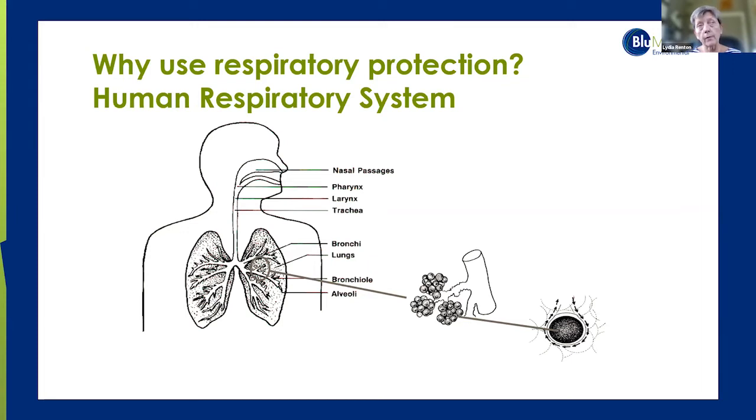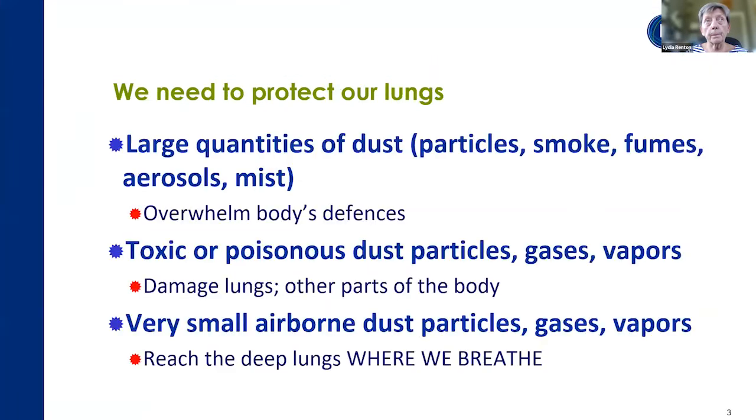Things like fibers in the lungs due to asbestosis, or particles from silicosis and other diseases. So it's really important to understand why we're wearing respirators: so that we can breathe properly, breathe longer, and breathe the way our lungs are supposed to function. We need to protect our lungs.